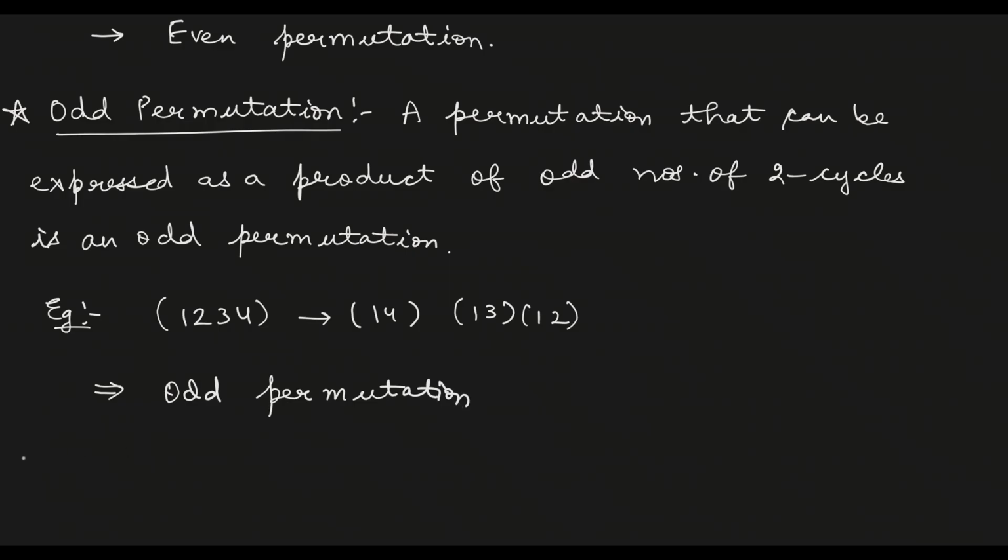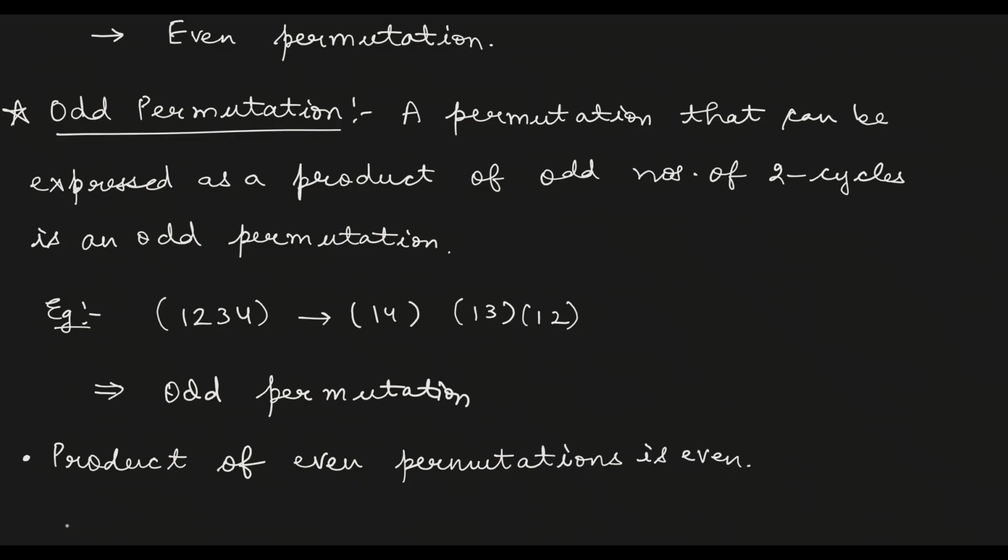Next, product of even permutations is even. Product of two even permutations is even. Product of two odd permutations is also even.